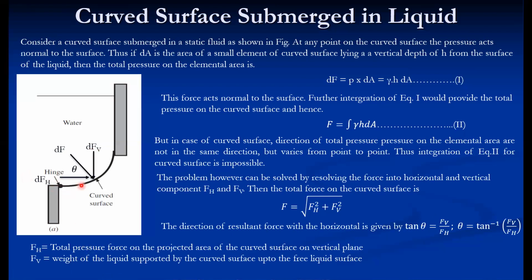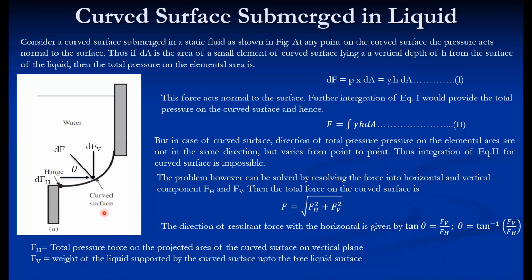Here Fh is the horizontal component of the force. If we take the projection of this curved surface on a vertical plane, we can calculate Fh, that is the total pressure force acting on the projected area of the curved surface on the vertical plane. We can use the expression for a vertical plane surface, Fh equal to gamma A x bar, where x bar is the midpoint of this projected area.